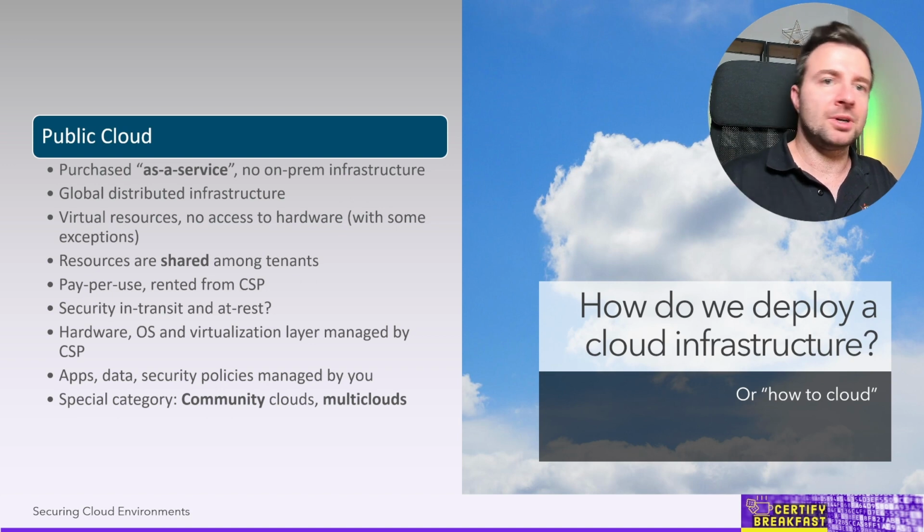We have major and minor cloud vendors out there which pool their infrastructure, share their infrastructure among multiple customers. And you can simply purchase the infrastructure and the services within these cloud environments. You just pay for as much as you use out of that infrastructure, and you don't have to invest in any kind of on-premises equipment.